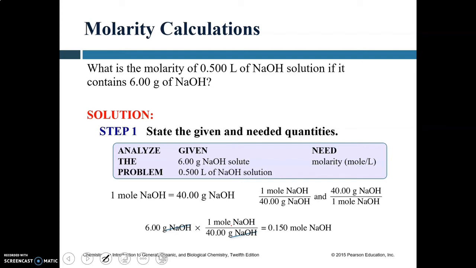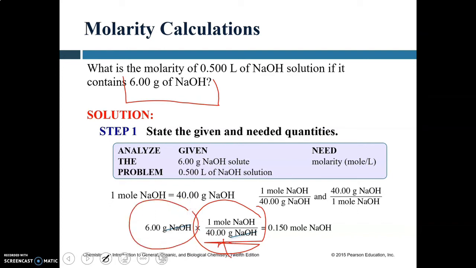Now let's calculate the molarity of 0.5 liter of the solution of sodium hydroxide if this solution contains 6 grams of sodium hydroxide. First we need to calculate how many moles of sodium hydroxide are in 6 grams. To do this, we write a conversion factor which states that 1 mole of sodium hydroxide is equivalent to 40 grams of it. Then we multiply it by 6 grams and we get the result that 6 grams of sodium hydroxide are equivalent to 0.150 moles of sodium hydroxide.